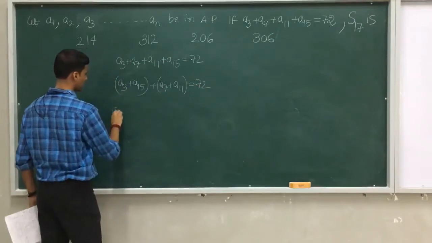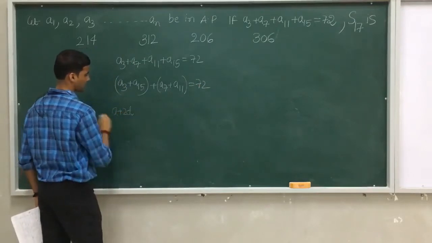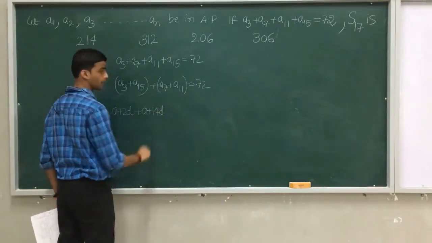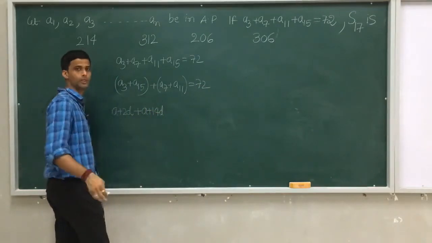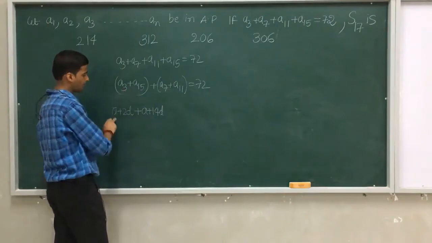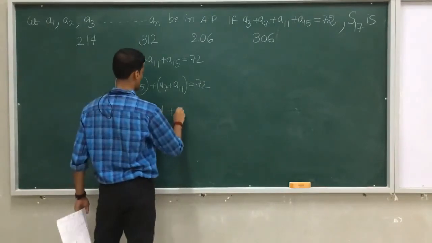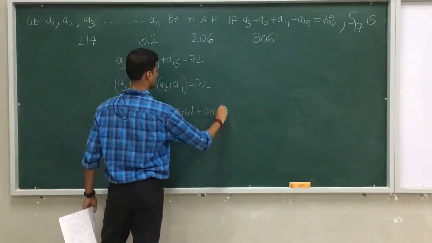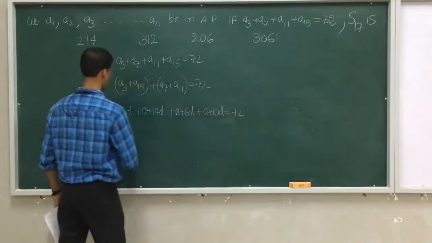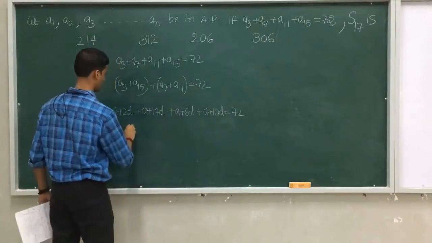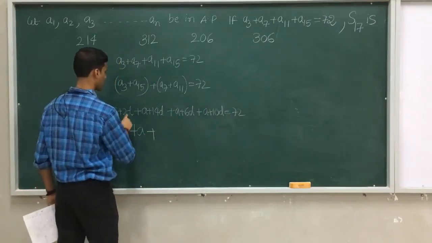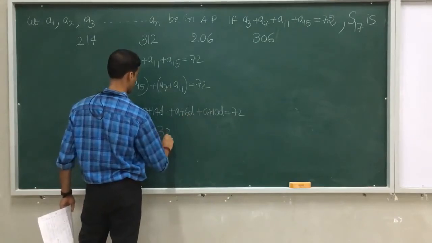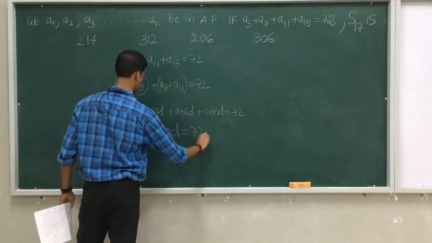A3 can be written as a plus 2d, the third term. A15 can be written as a plus 14d. You learned that the nth term can be written as a plus n minus 1 into d. Similarly, a plus 6d and a plus 10d, and the sum is equal to 72. So 4a plus 2d plus 14d plus 6d plus 10d, that is 32d, is equal to 72.